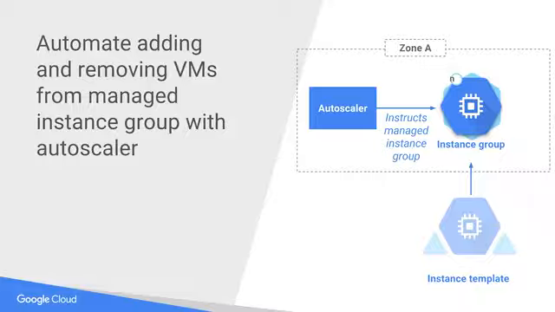Alternatively, configure autoscaling behavior and select a minimum and maximum size of an autoscale pool. The autoscaler can direct the instance group to create more machines when it determines that load has exceeded a configured threshold. For example, if CPU usage is higher than 70%, if the number of requests per second through the load balancer is higher than the threshold, or by using Google Stackdriver's standard or custom metrics.